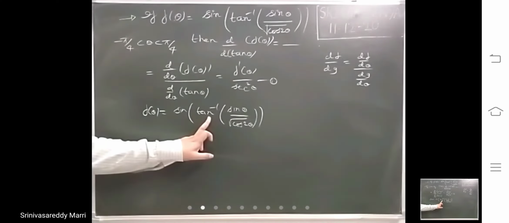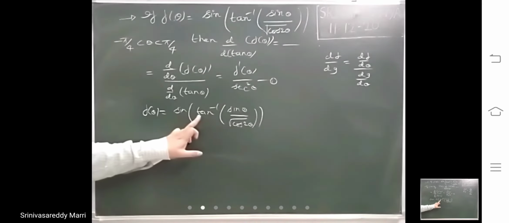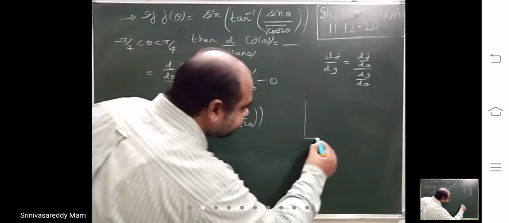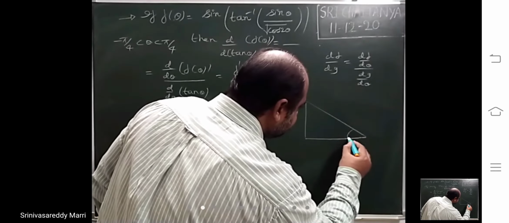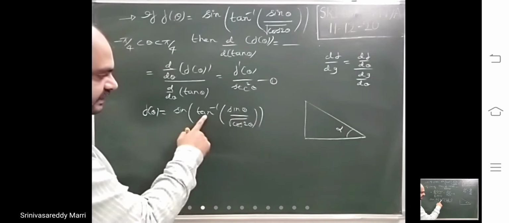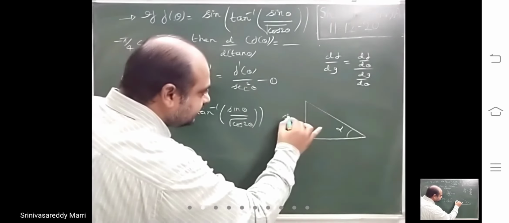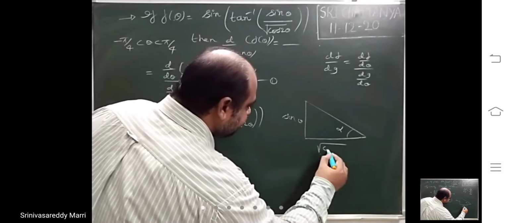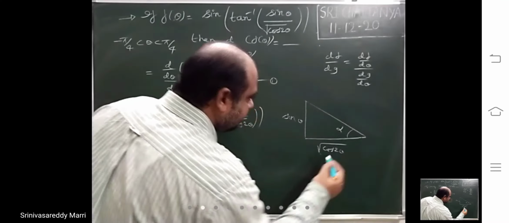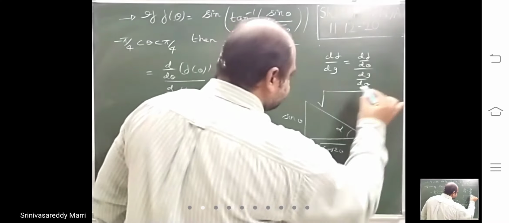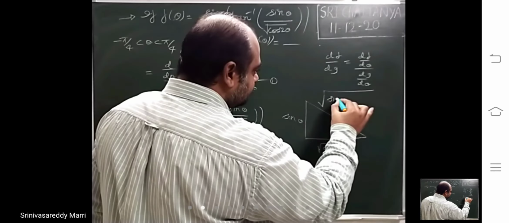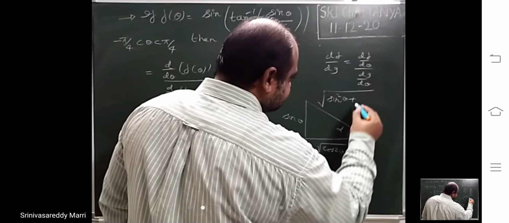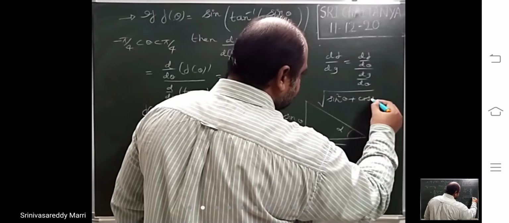Now look, we will simplify this. This tan inverse is there. If you convert into sine inverse, sine of sine inverse x is x. Now I want to convert this tan inverse into sine inverse. Tan inverse means this is sine theta, opposite by adjacent. Let us calculate this: root of sine square theta plus cos 2 theta.